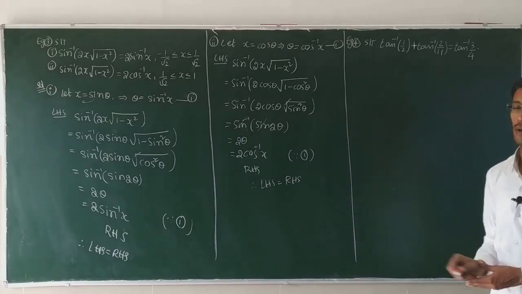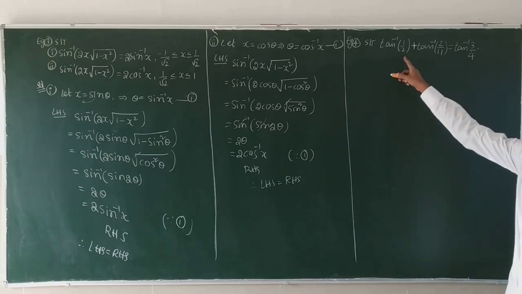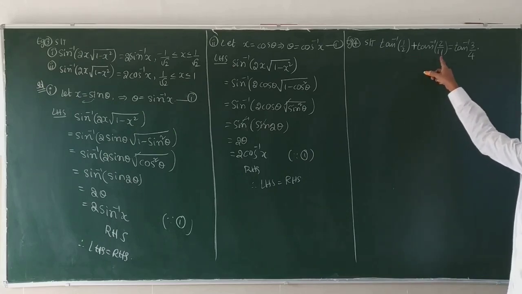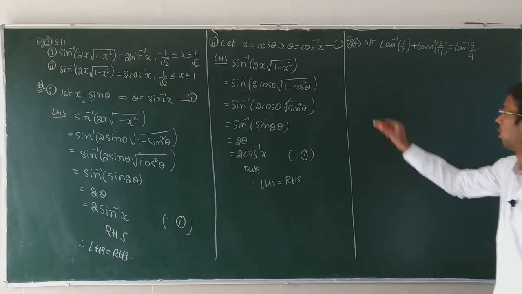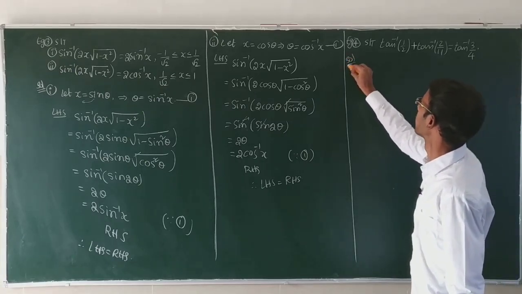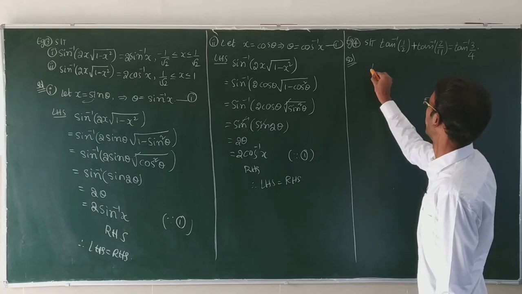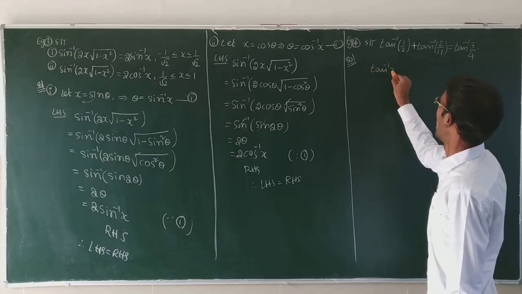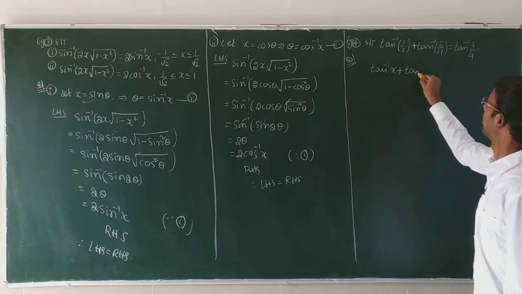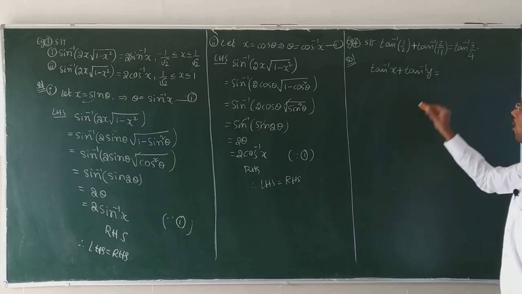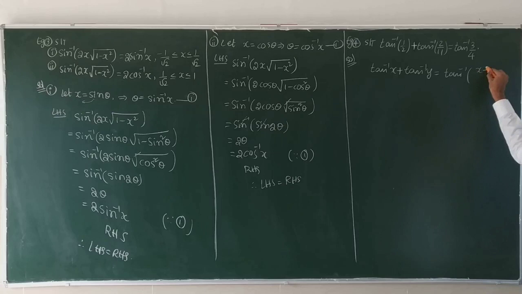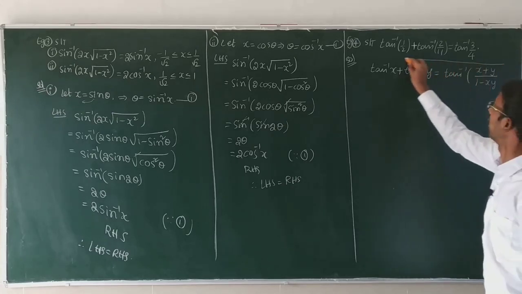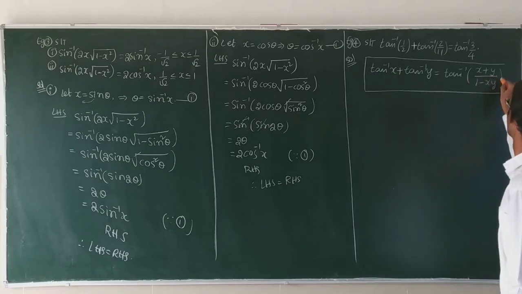Next, example 4. Show that tan inverse of 1 by 2 plus tan inverse of 2 by 11 is equal to tan inverse of 3 by 4. We have the formula. First, I will write the formula. Tan inverse x plus tan inverse y, the property is there: tan inverse of x plus y by 1 minus xy.